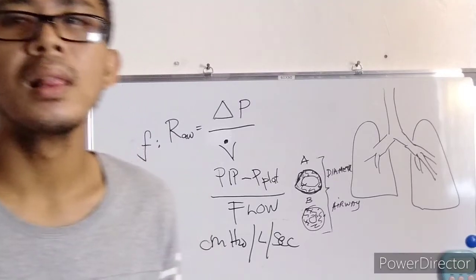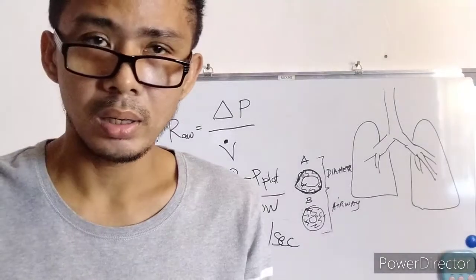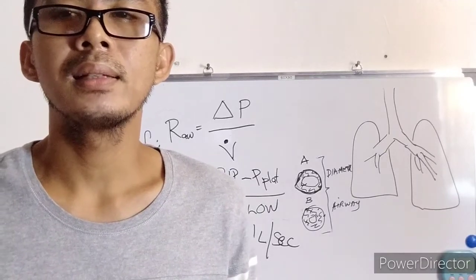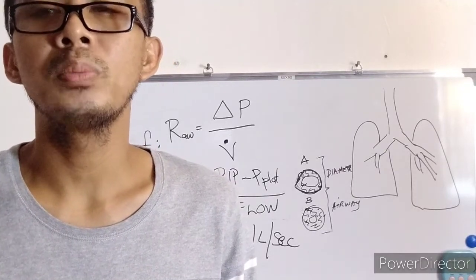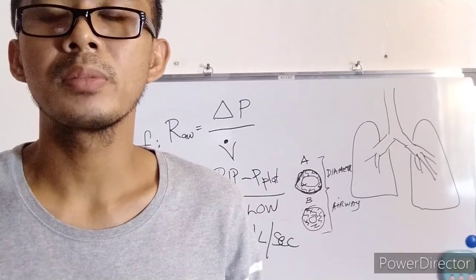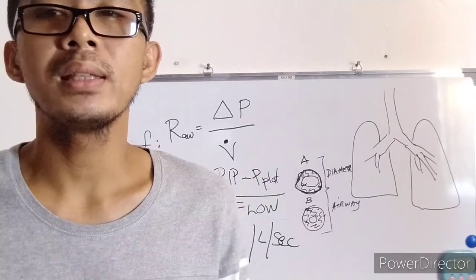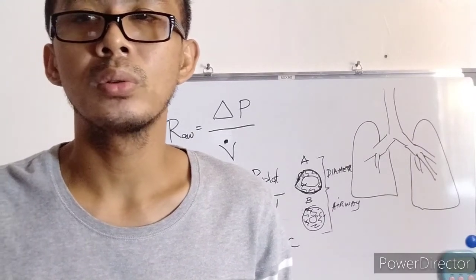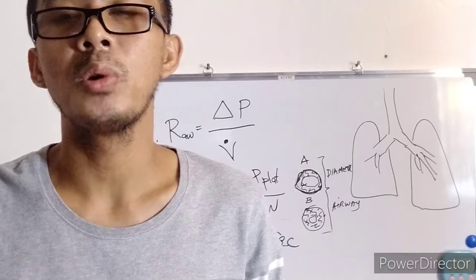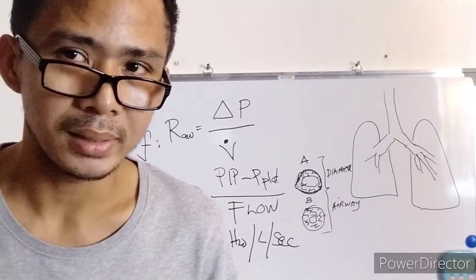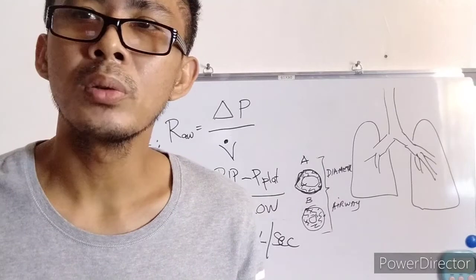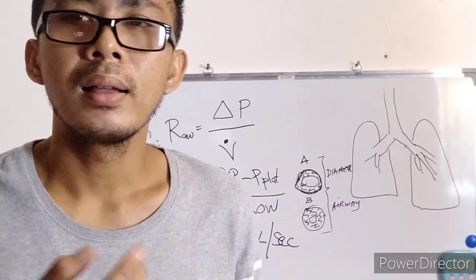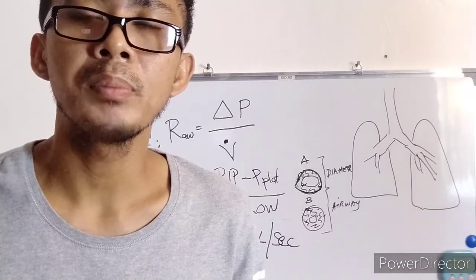The normal value for airway resistance is 0.6, or less than 2.4 centimeters of water per liter per second. Typically, we can say that airway resistance must be less than 2 centimeters of water per liter per second.